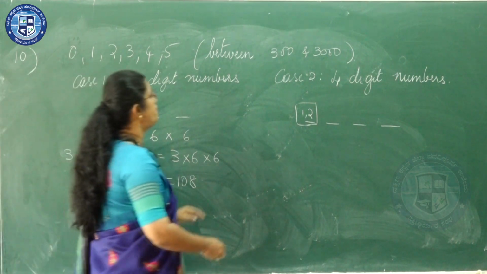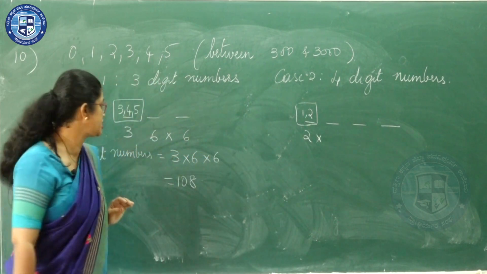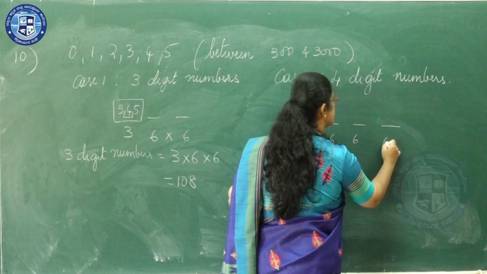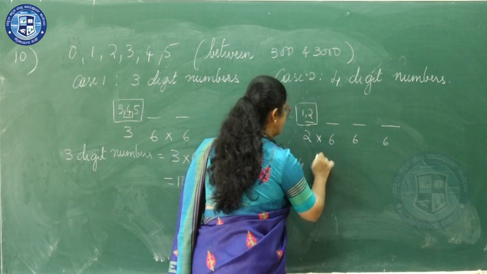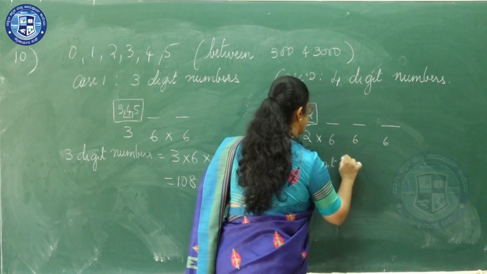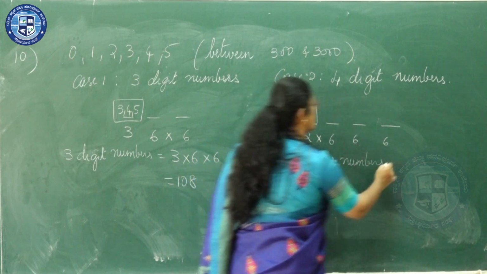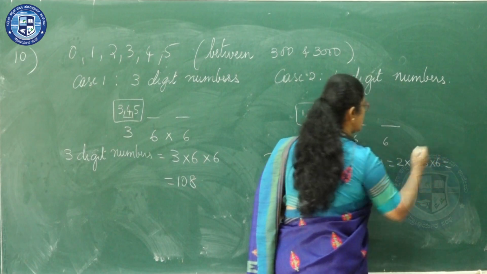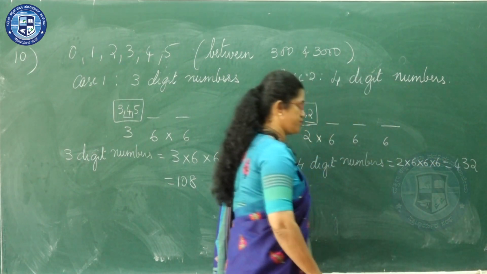So this can be filled in 2 ways. The other 3 have no restrictions, so I can fill them 6, 6 and 6 ways. So the total 4 digit numbers is 2 into 6 into 6 into 6, which is equal to 432.